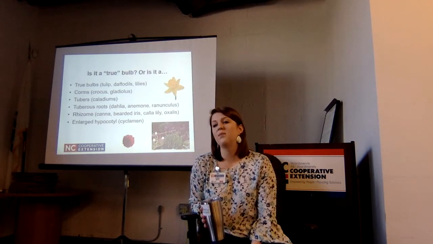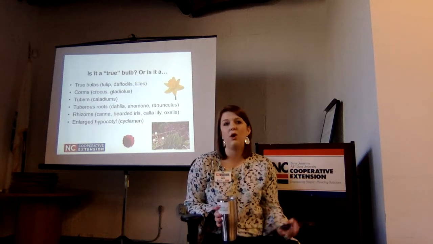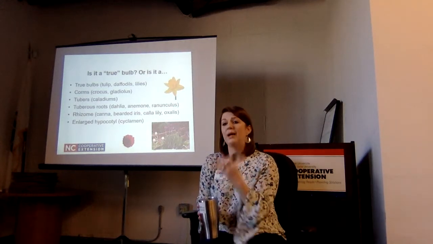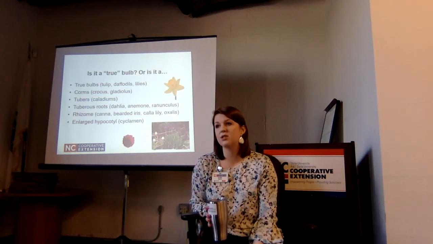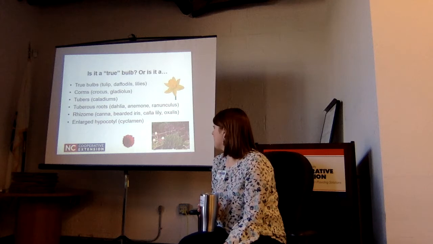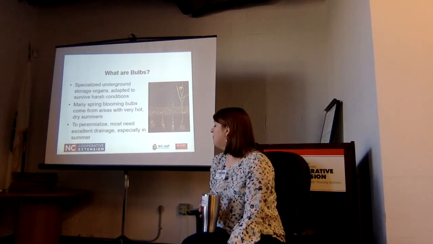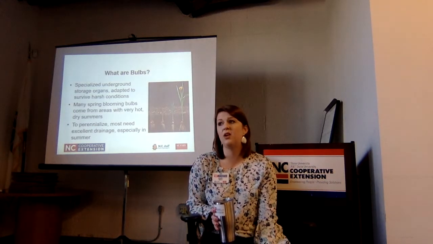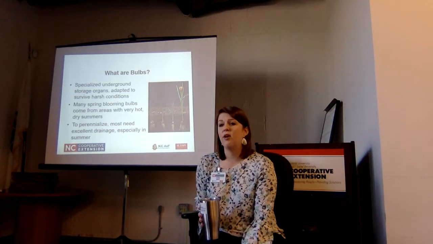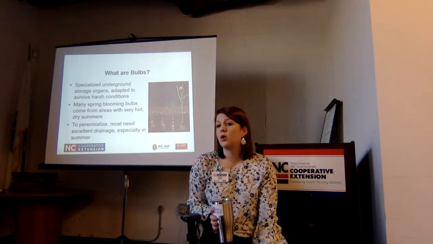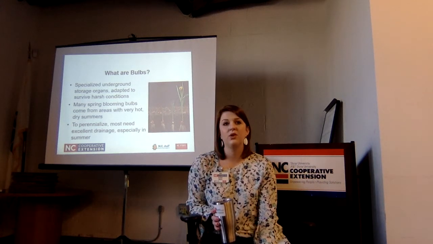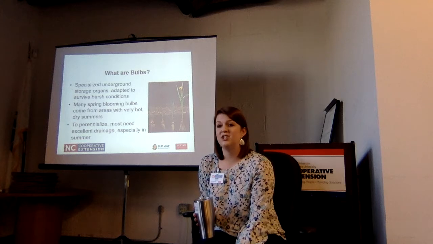Oftentimes we use the word bulb synonymously across all of these, but just be aware that there are actually different parts that the flowers come out of. Basically, bulbs in all of these are specialized underground plant parts or storage organs where these plants have evolved to survive harsh conditions.